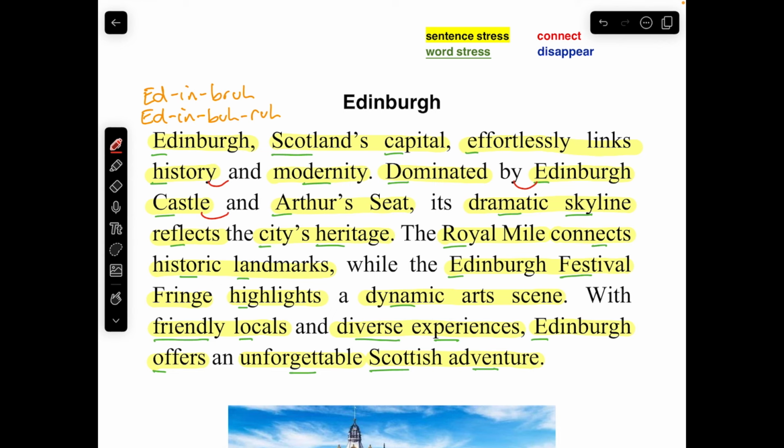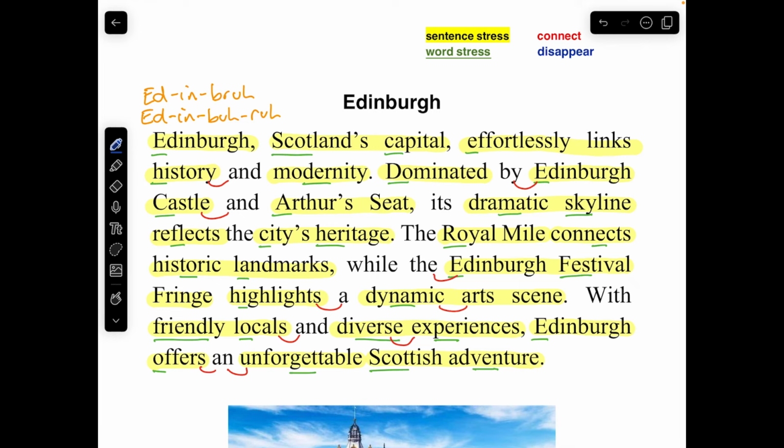The Royal Mile connects historic landmarks, while the Edinburgh Festival Fringe highlights a dynamic art scene. Okay? With friendly locals and diverse experiences, Edinburgh offers an unforgettable Scottish adventure.